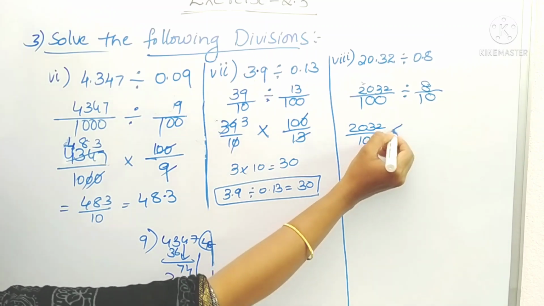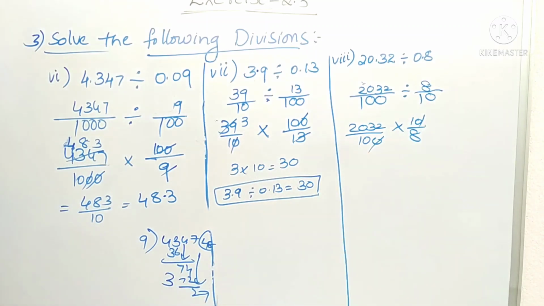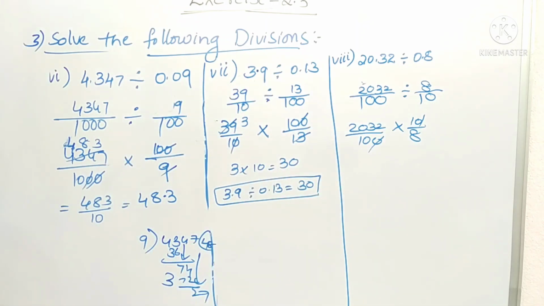2032 by 100, into, the fraction will get reversed. So cancel this 0. So actually, what is the divisibility rule of 8? If the last 3 digits are divisible by 8, then the whole number will be divisible by 8.